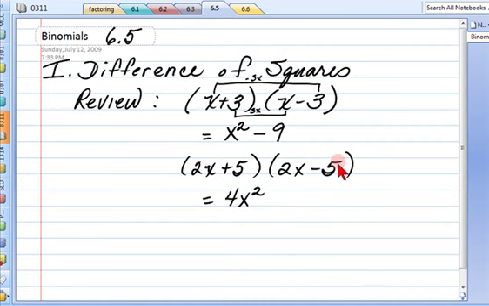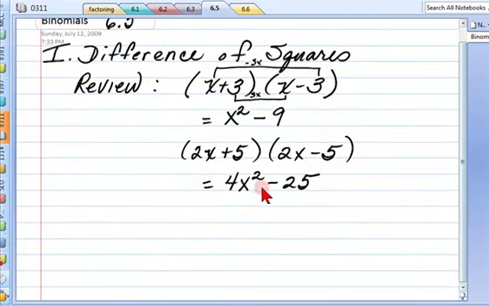What's the product of the last? Minus 25. So when you multiply a sum and a difference of the same quantities, you get the difference of squares. So our job is now going to be able to take the difference of squares and discover what the factors were. All right, you need to be able to recognize perfect squares.